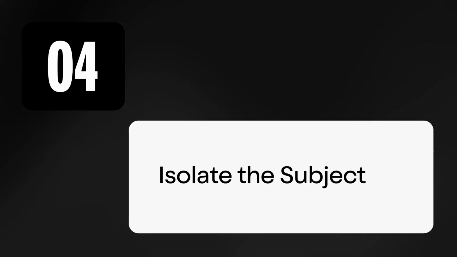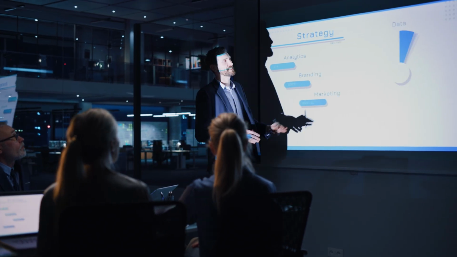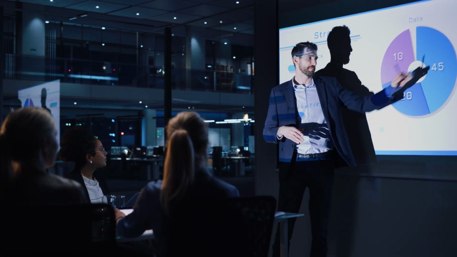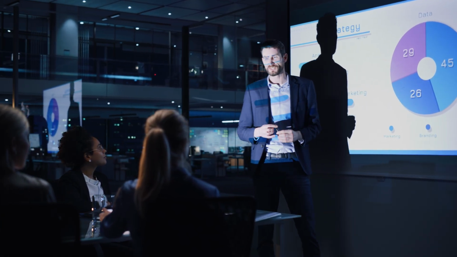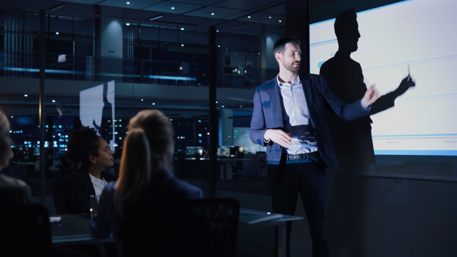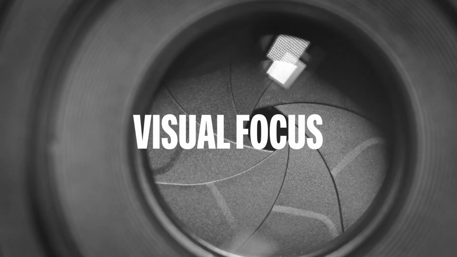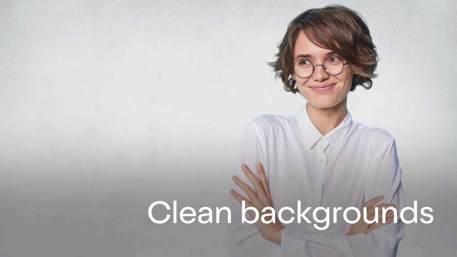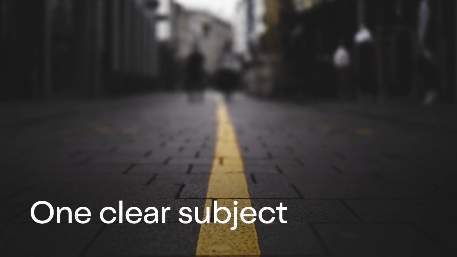Rule number 4. Isolate the subject. Your audience should understand a slide in 3 seconds or less. If they don't know where to look, you've lost them. The fix: visual focus. Choose images with shallow depth of field, clean backgrounds, one clear subject.